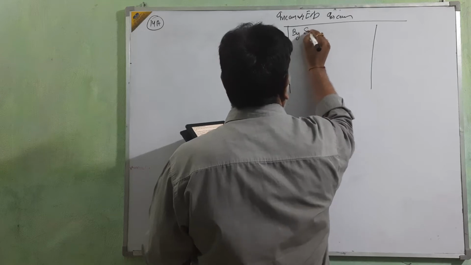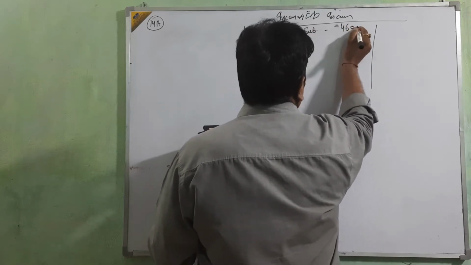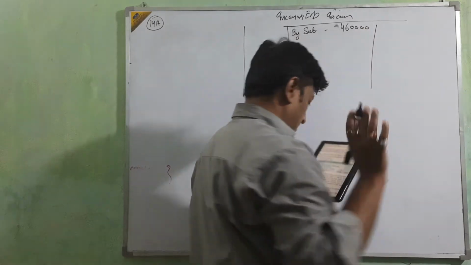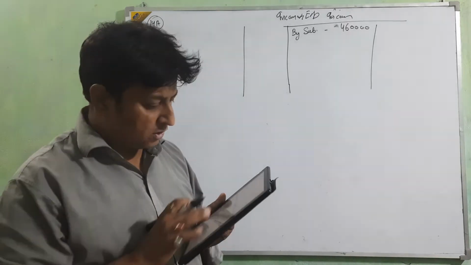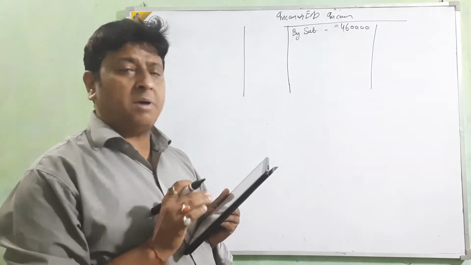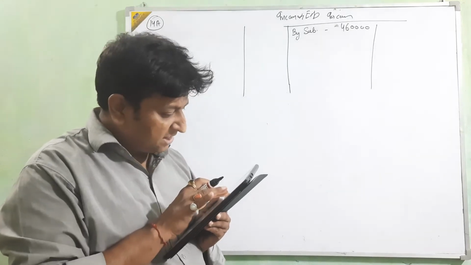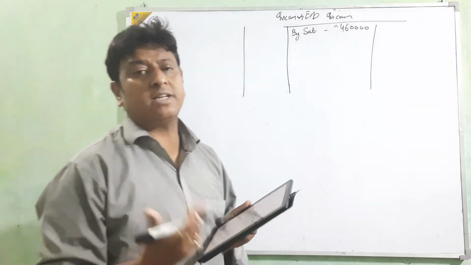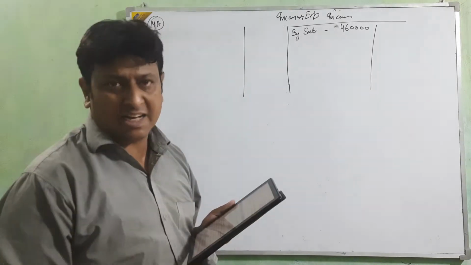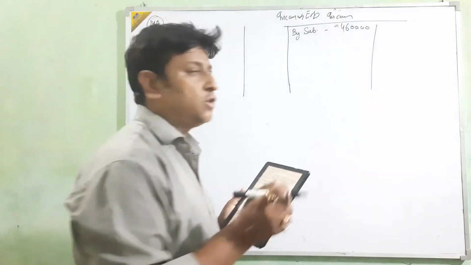By subscription, 4,60,000 you are going to receive. Okay, you received the amount of 4,60,000. But in this amount, 10,000, 8,000 and 3,000 are included for other years. So that will be deducted from there. So 10,000, 8,000 and 3,000, it means the total is 21,000.